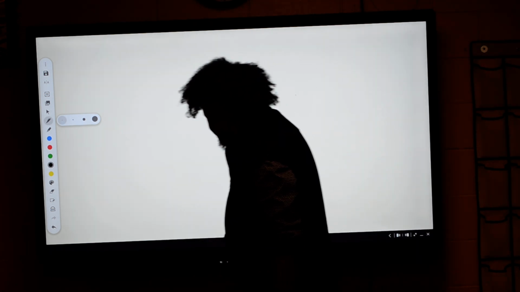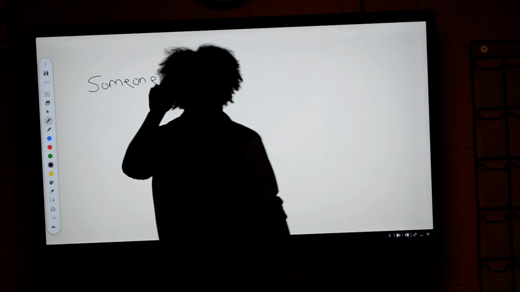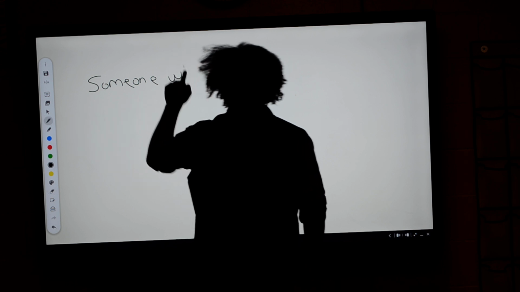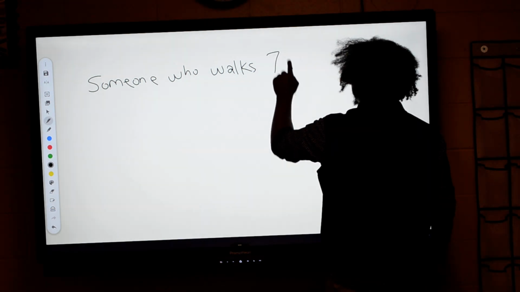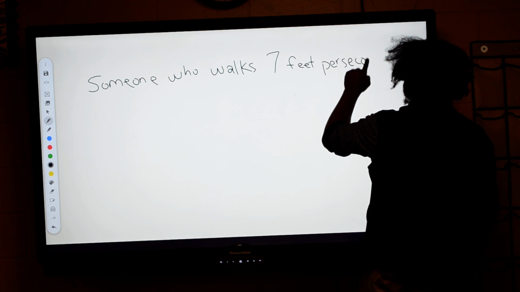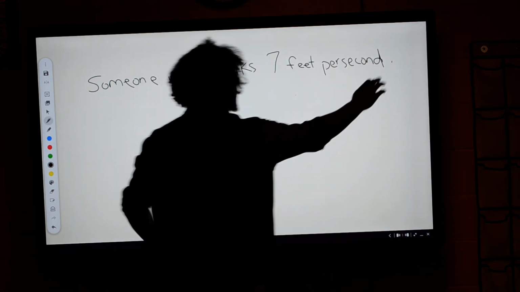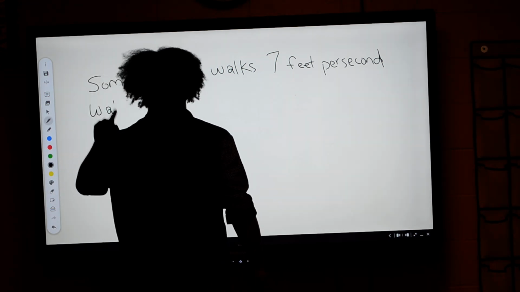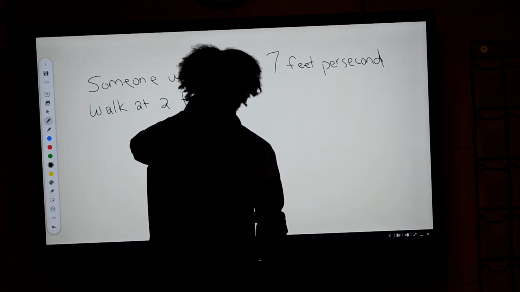So we would say that someone who walks 7 feet per second walks at a faster rate.